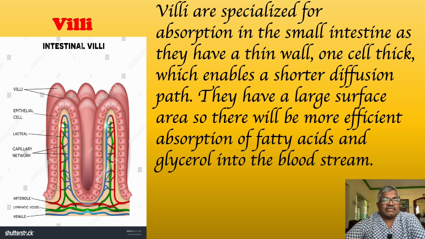It is very thin, we can say one cell thick. The epithelial cells, one cell thick wall the villi have, are very useful to absorb all the digested food, water, vitamins and minerals.